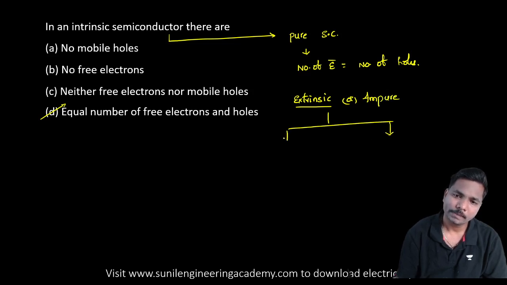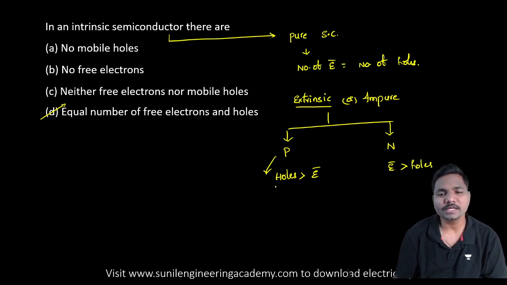One is P type and one is N type. In P type, the majority carriers are holes, that means holes are greater than electrons. Here in N type, electrons are greater than holes. And according to this, the Fermi energy will be shifted towards the hole side, that is valency band side, for P type. Here the Fermi energy will be shifted towards the electron side, that is conduction band side. We have also discussed those questions.